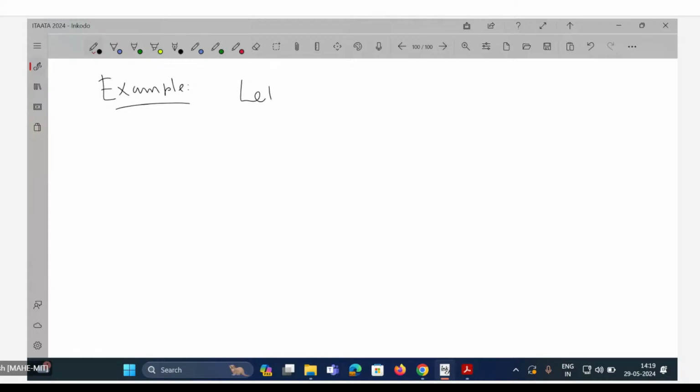Let f(x) equals the box function of x, [x], for 0 less than x less than 2. Discuss the type of discontinuity for this function. Very simple. So what is f(x) actually?